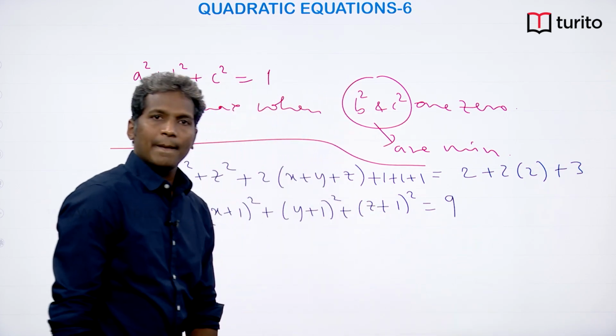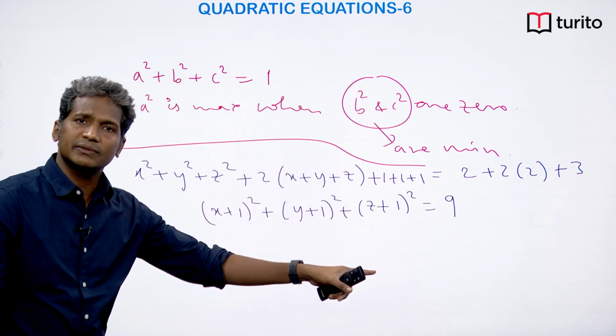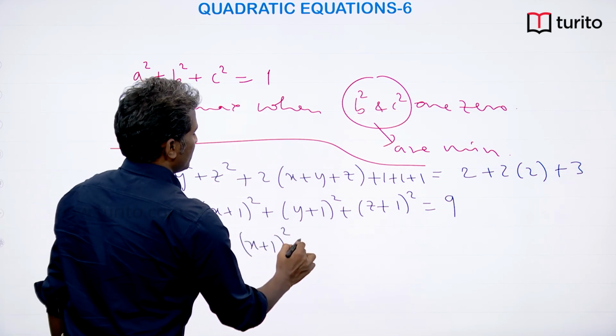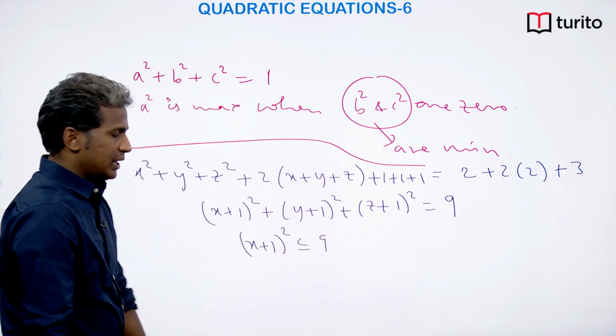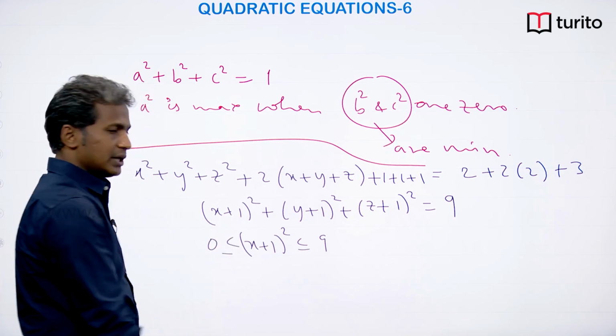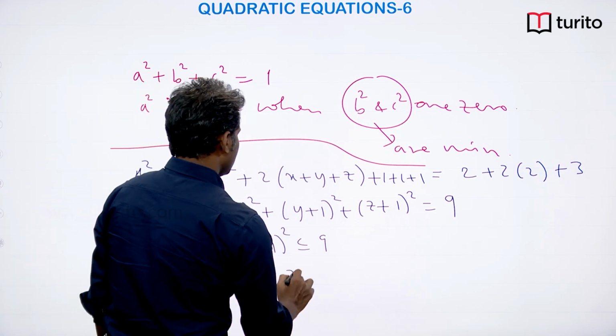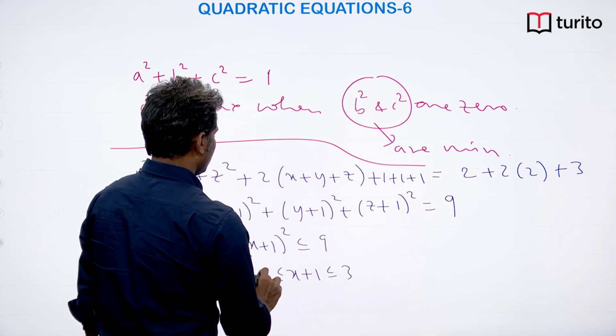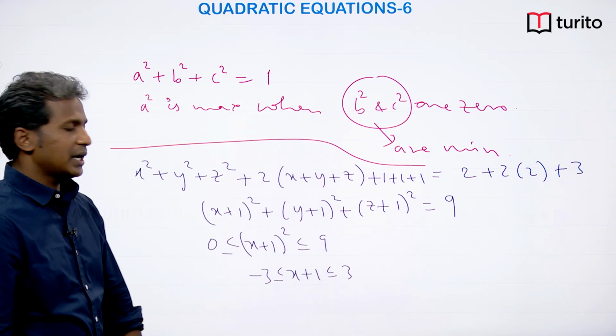It is 9. And now, the same analysis we can do one more time. So, (x plus 1) whole square must be less than or equal to 9 and greater than or equal to 0, which means x plus 1 must belong to the range 3 to minus 3. This is one idea.